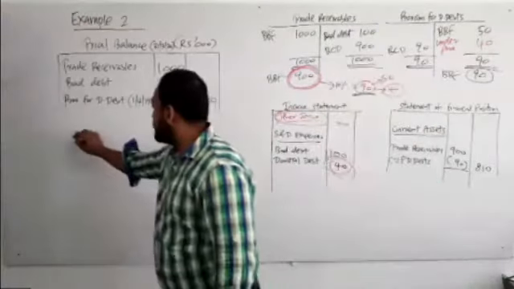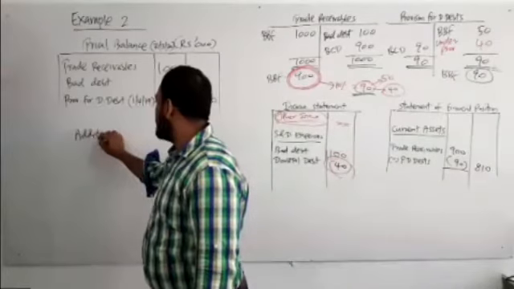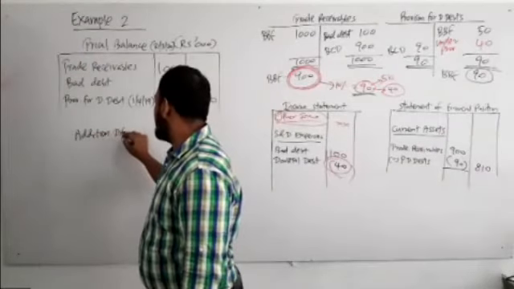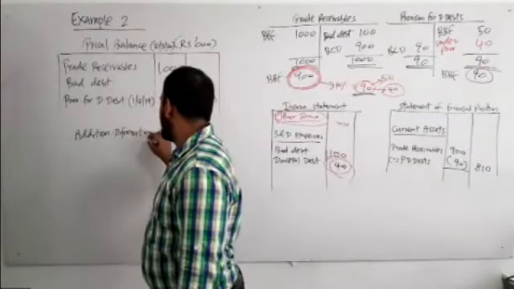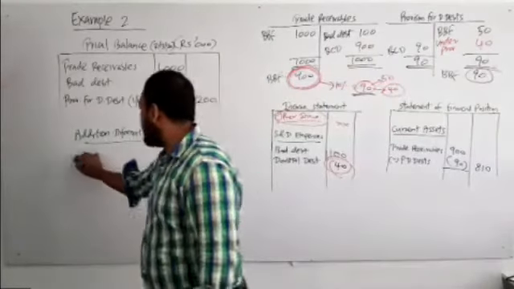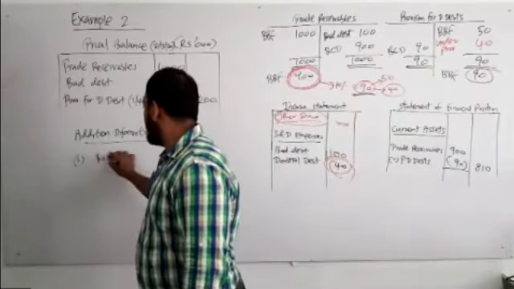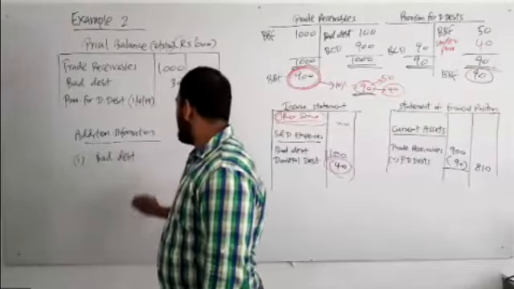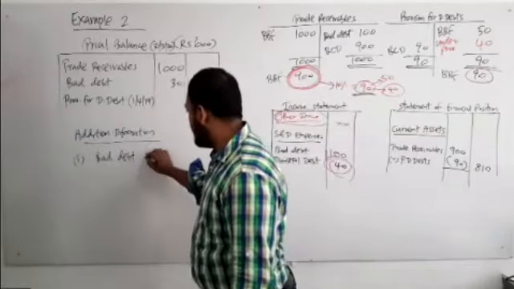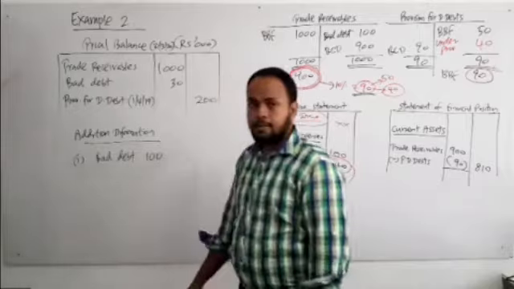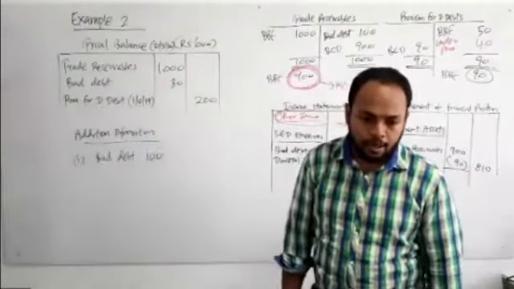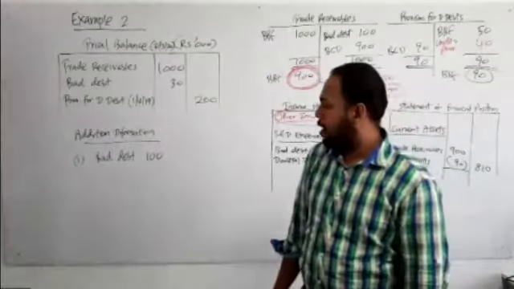Then the additional information. Number 1, bad debt another 100,000. We need to make another 100,000 as bad debt.